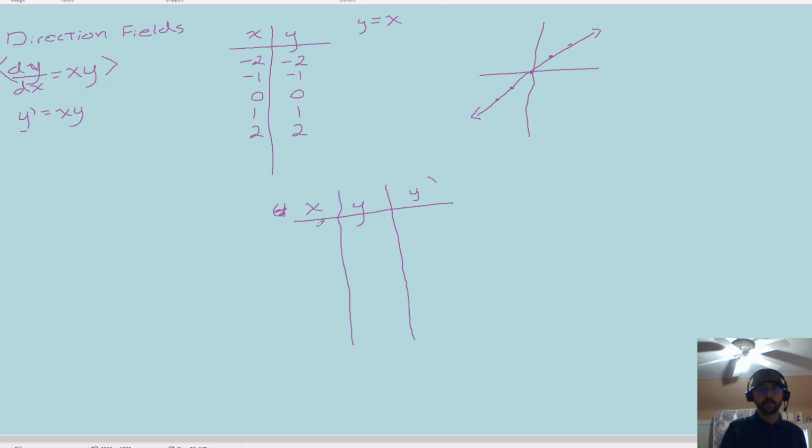So let's say I'll do 5 points again. So let's keep x at -2, -1, 0, 1, 2. Then for y, let's use, I don't want to use all the same ones.